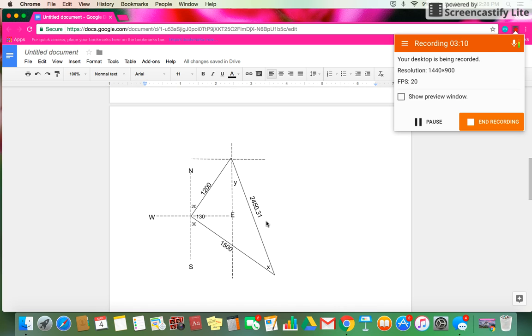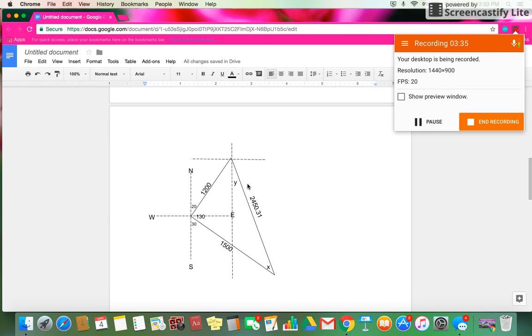So since you're finding bearings again, you're going to add another compass, and the compass is going off of point A for plane A because you're finding the bearings from plane A to plane B. So this angle here, which I put as Y, is the bearings from plane A to plane B going from south to east.